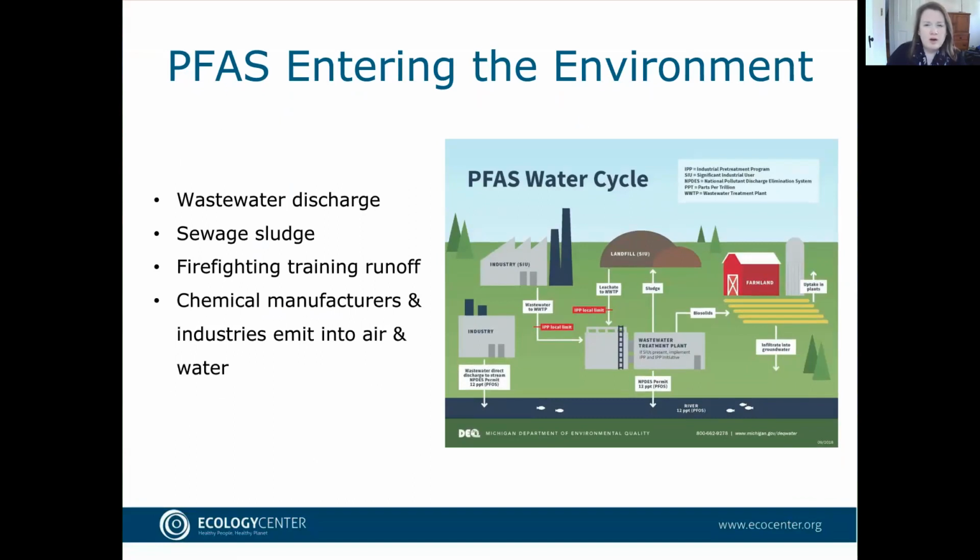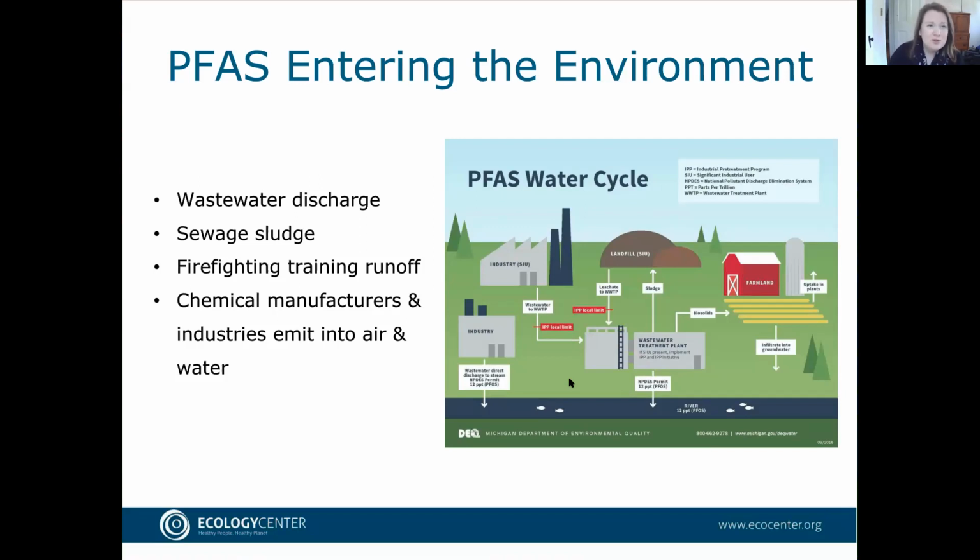So we'll talk more about this in a presentation on PFAS later in this program, but there are a number of ways that PFAS can enter the environment. We already talked about firefighting foam and runoff from that. Sewage sludge is something that is a problem because PFAS is in our water systems in so many places in the state.